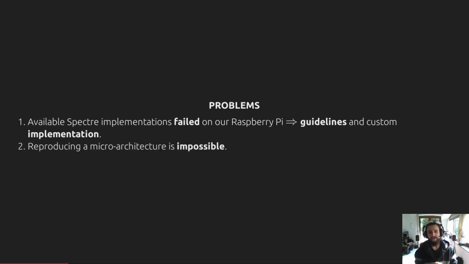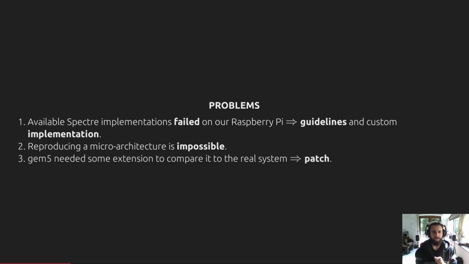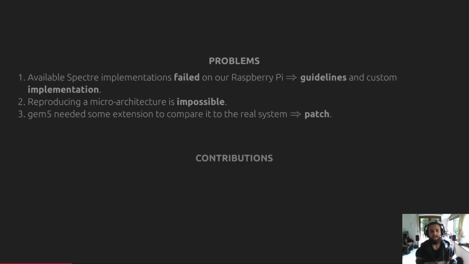Secondly, reproducing a microarchitecture in gem5 is impossible. There are too many details and it is too complex, so we have to focus on specific elements of the microarchitecture. Finally, gem5 needed some extension to compare it to the real system, so we had to patch gem5 to be able to do some measurements to compare both systems.